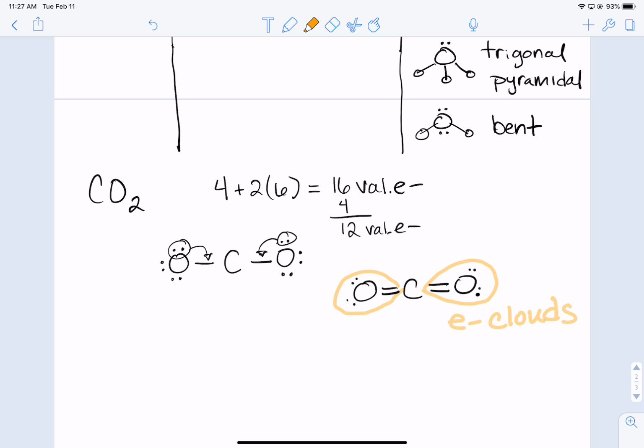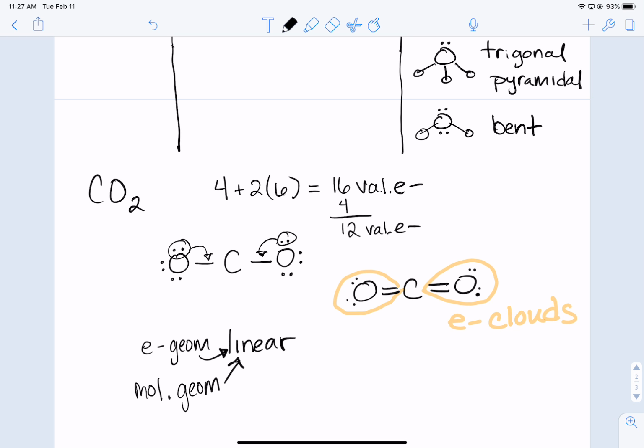Those electron clouds, since there's 2, bye, have a good afternoon. It is now considered linear, both electron geometry and molecular geometry. We would call it linear. It's both.